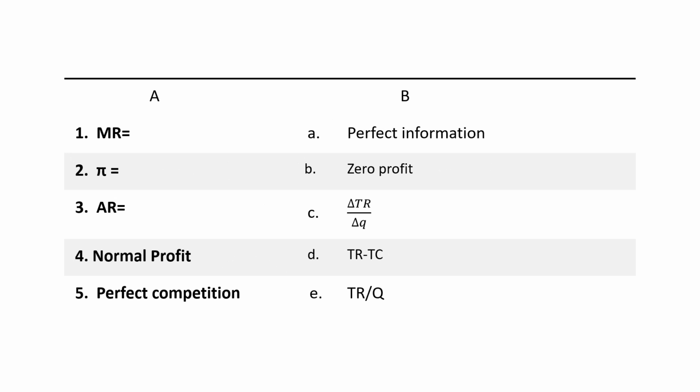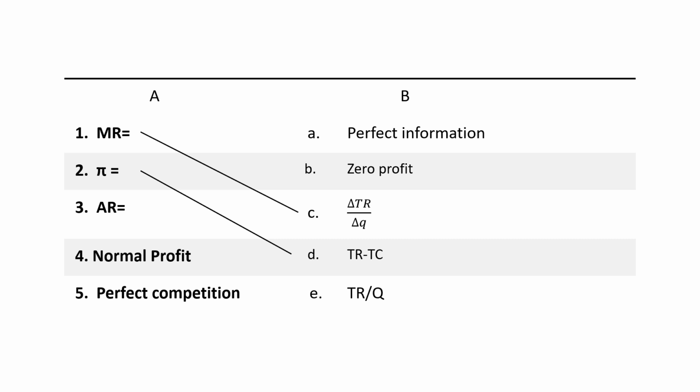Yeah, one more question on match the following. MR equals delta TR divided by delta Q. Pi is denoted for profit. So profit equals TR minus TC.